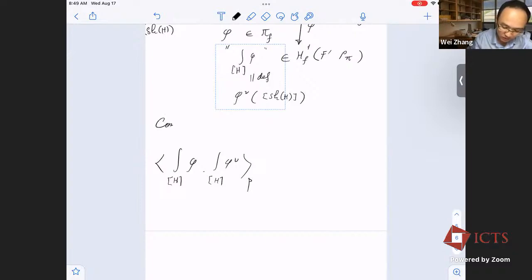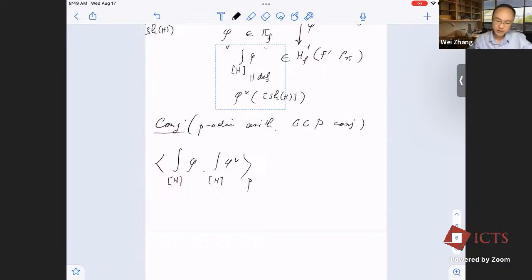So now I can make the following conjecture. This is one p-adic version of the arithmetic GGP conjecture.